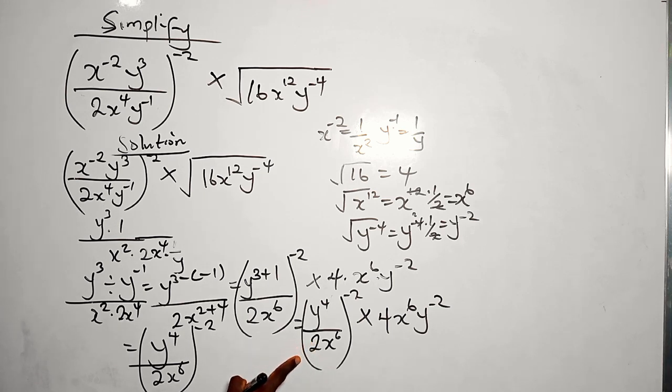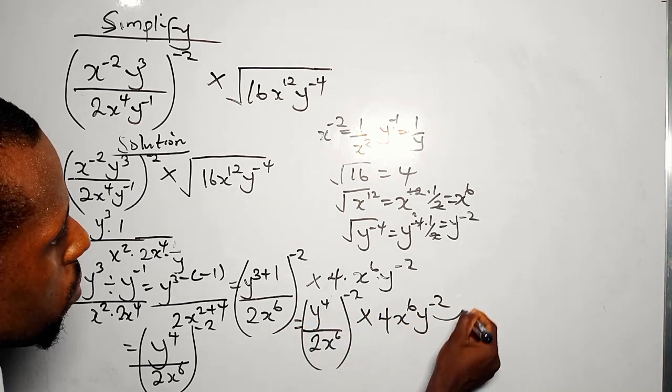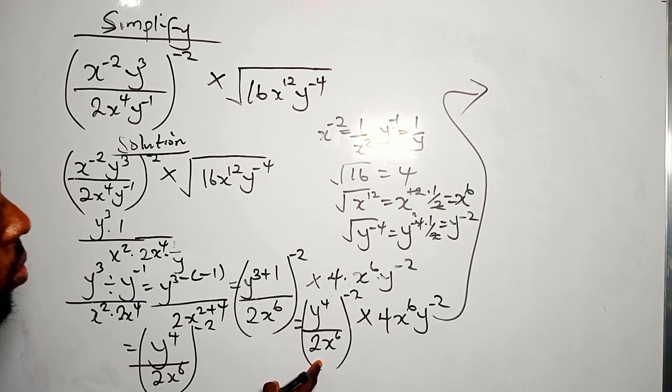So how do we simplify this further? Since we have minus 2 as a power, it affects both the numerator and denominator. To eliminate it, we introduce 1 and flip the fraction.